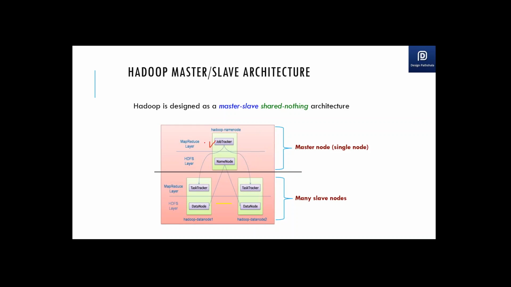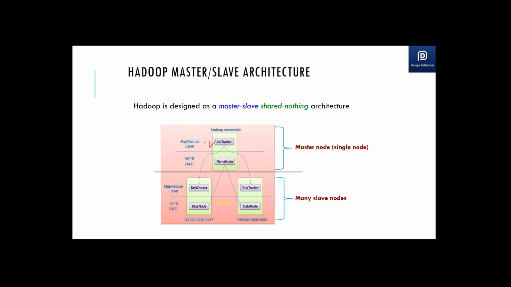Practically the job tracker is the master keeping track of the different jobs running in the cluster. So it makes sense to run the job tracker on a node which is not commodity hardware. That's the reason this picture shows it running on the name node.